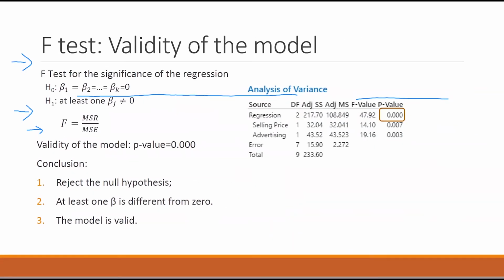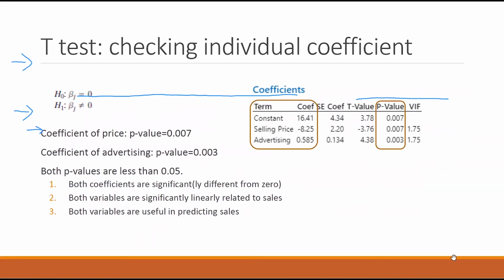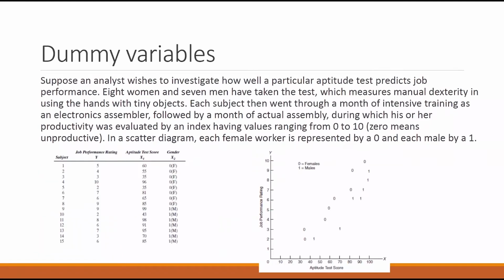In a multiple regression model, we perform the t-test to check if each of the x variables is highly correlated with y. And we say the t-test is significant if the coefficient is significantly different from 0, and that means that the corresponding x variable is highly correlated with y. Okay, so that's the t-test.